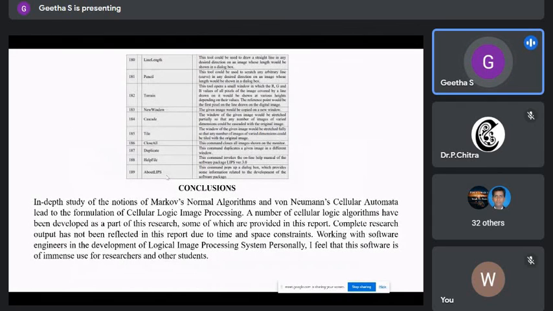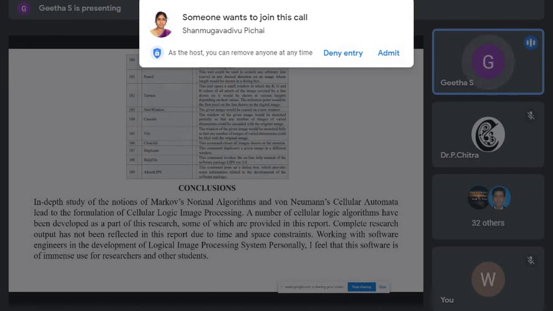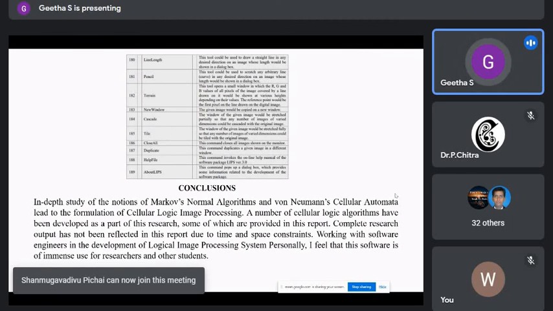So the conclusions. The conclusion of the topic is that in-depth study of Markov normal algorithms and the von Neumann cellular automaton led to the formation of cellular logic image processing. It is most important.